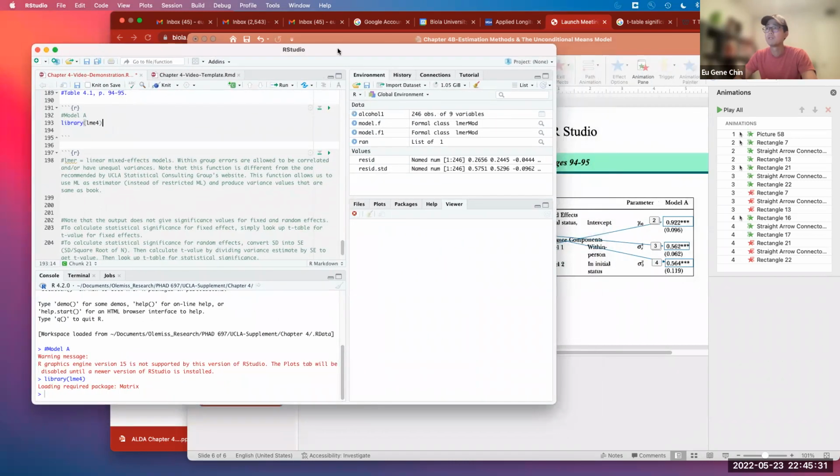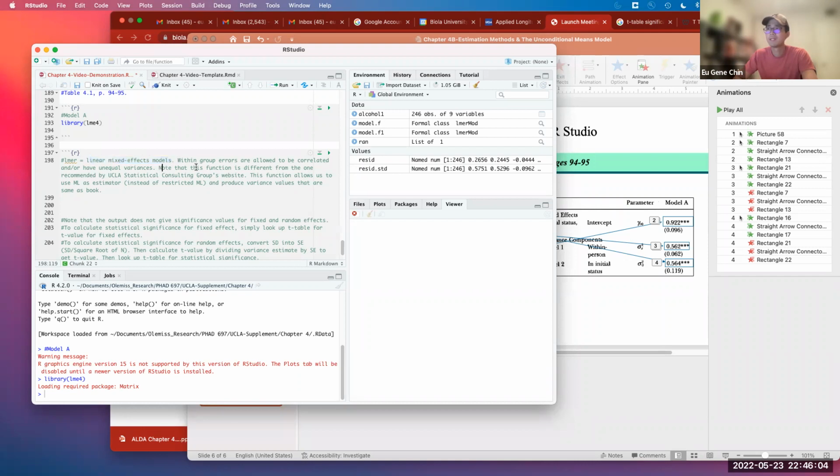It's a linear mixed effects function that allows the within group residuals to be correlated and or to have unequal variances, which is very similar to the nature of the residuals we would assume within a multilevel model.